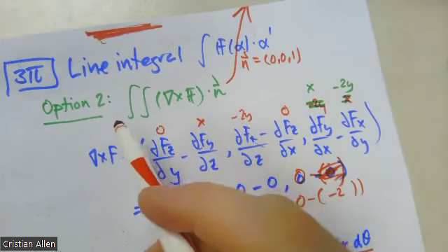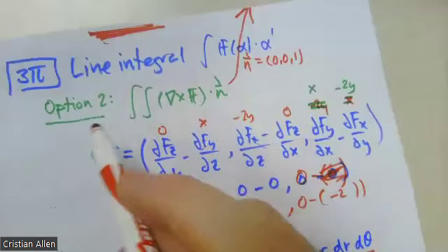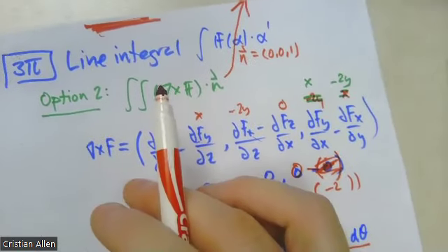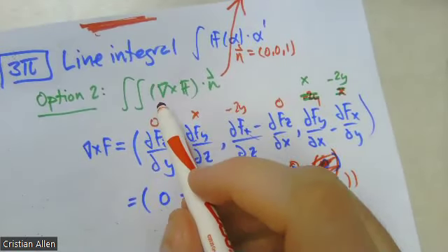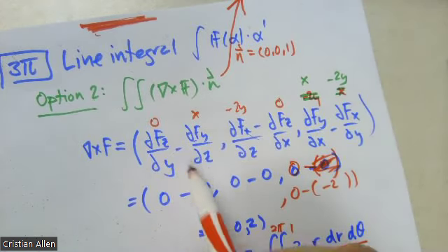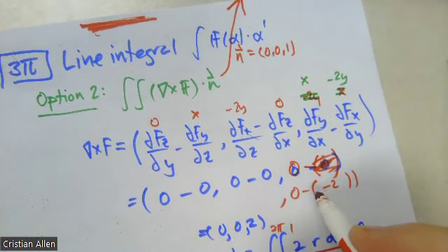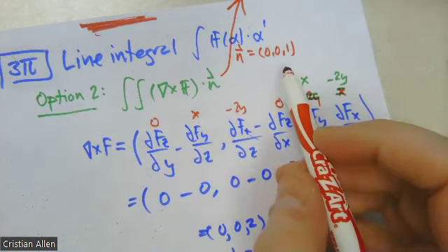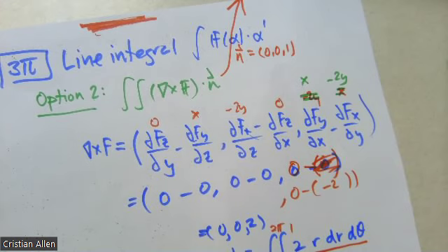This is what Stokes' theorem is all about. These two things have to equal each other. So let's see what we have here. We have a +2 here. We have the normal vector right there.